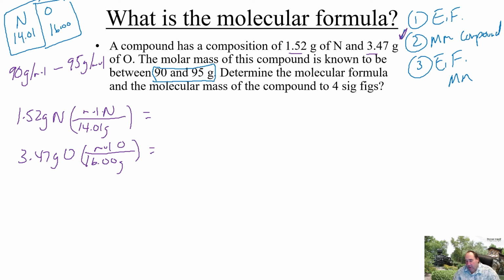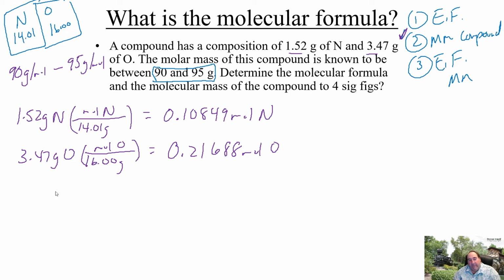And that's going to give us, let me clear my calculator, 1.52 divided by 14.01, which gives us 0.10849 moles of nitrogen. 3.47 divided by 16 is going to give us 0.21688 moles of oxygen.